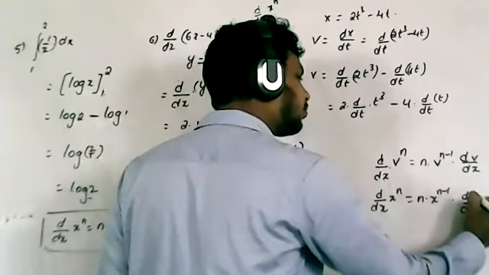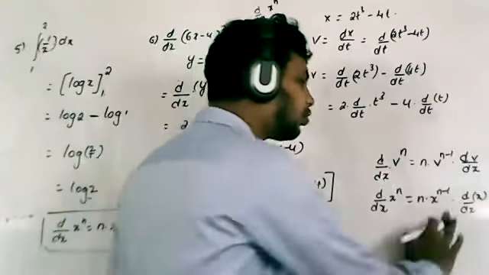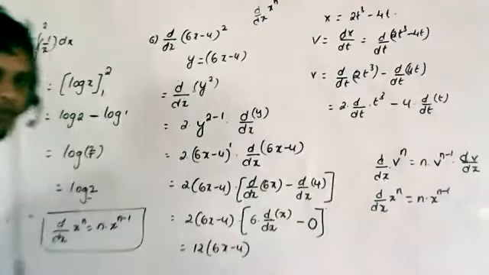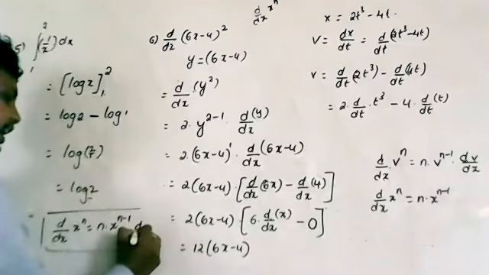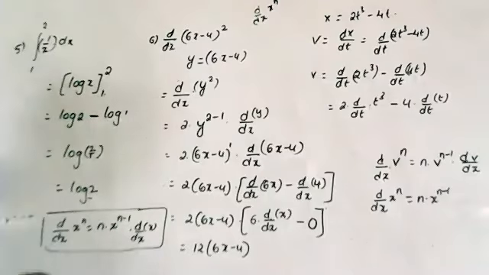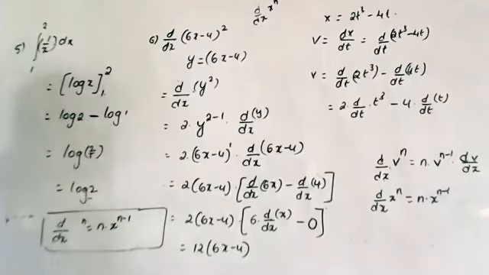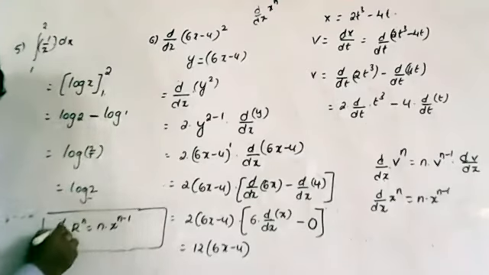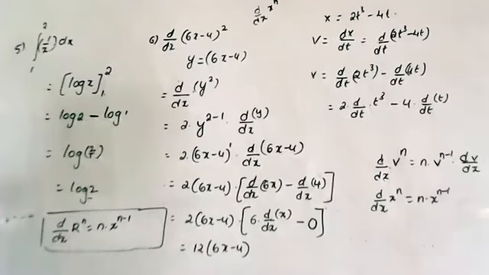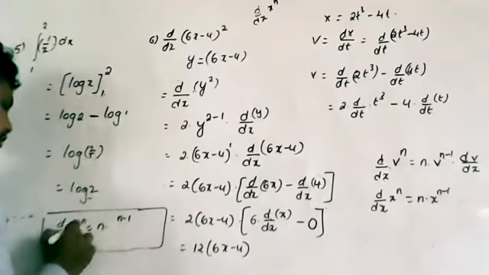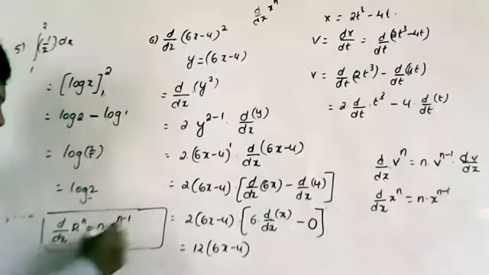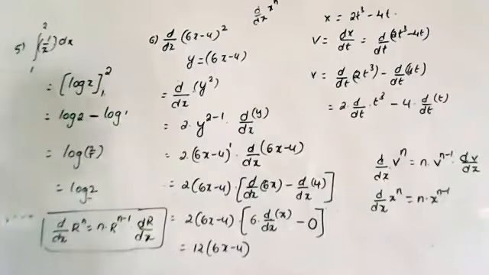But d by dx of x is 1, so we neglect that factor. Let me take another letter, for example R, for Rohit. d by dx of R power n, where R is a variable, then it is n R power n minus 1 into dr by dx. So the same thing I did.